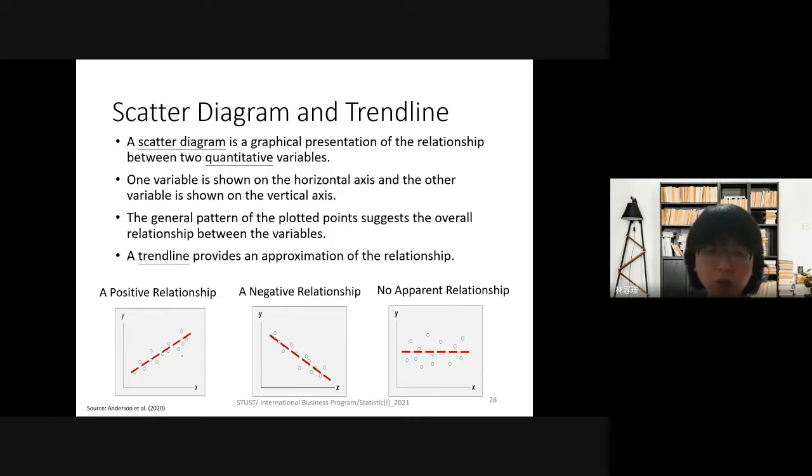Then I will draw a dot on such a figure, and each dot is on behalf of you. For me, from Taiwan, comparing with you, I'm the elder, so maybe this is me.